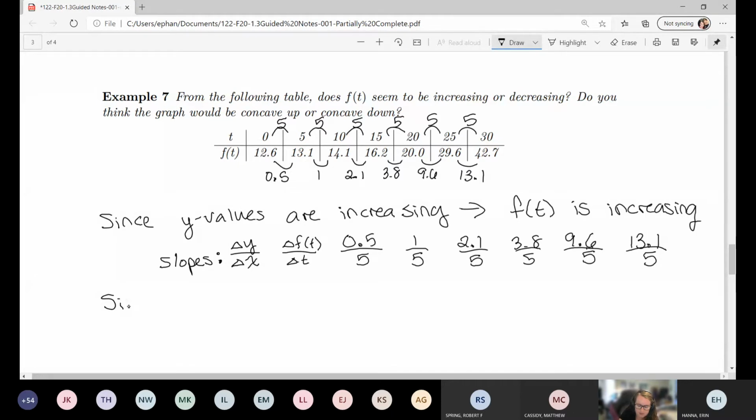So since slopes are increasing, that's the thing you care about for concavity. Are slopes increasing or decreasing? So since slopes are increasing, this is going to be concave up.